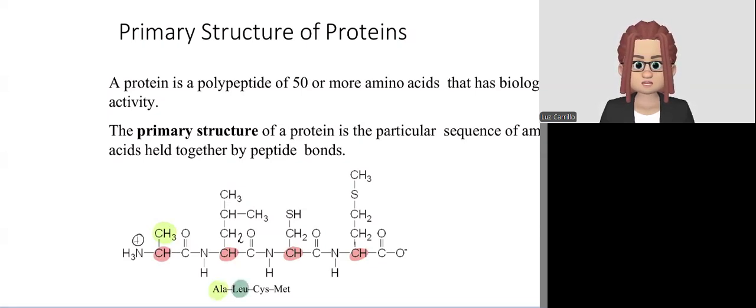Since we have a CH2, CH3 connected to another CH3, that is leucine. If we have a CH2SH, that is cysteine. Lastly, if we have a CH2, CH3, that is methionine. Make sure that you practice with the in-class worksheet that was given to you.